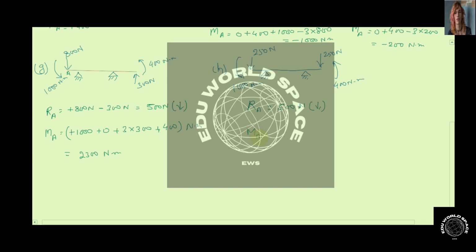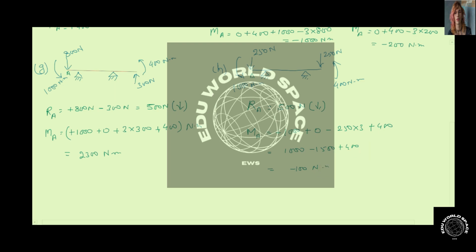If we talk about the moment about point A, which is this end, this 1000 Newton meter is in counterclockwise direction, so it will be plus 1000, and this 250 will have zero effect, so it will be plus 0, and this 250 is going to cause a clockwise couple, so it will be minus 250 multiplied by 3, and this 400 is going to cause a counterclockwise couple, so it will be plus 400. So if you solve this, it comes out to be 1000 minus 1500 plus 400, which is equal to minus 100 Newton meter.